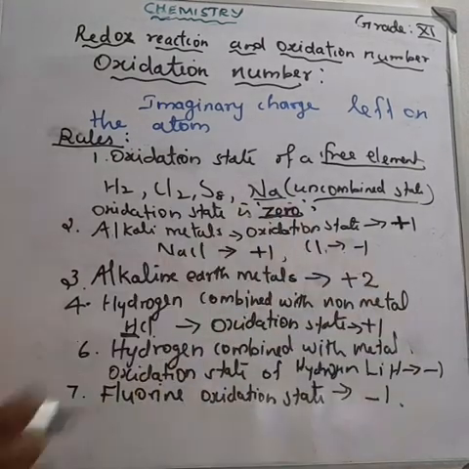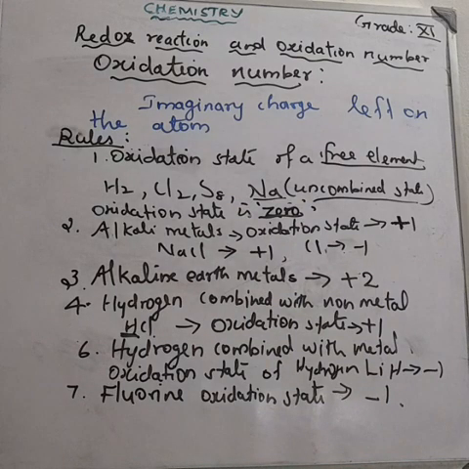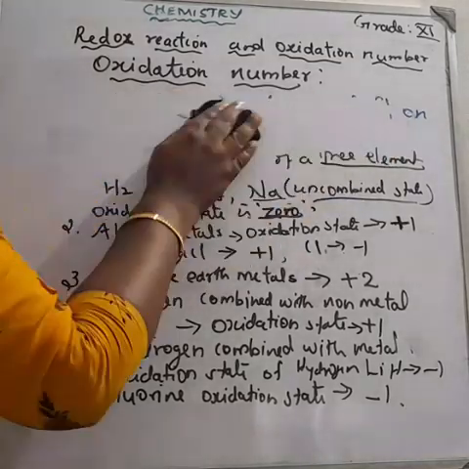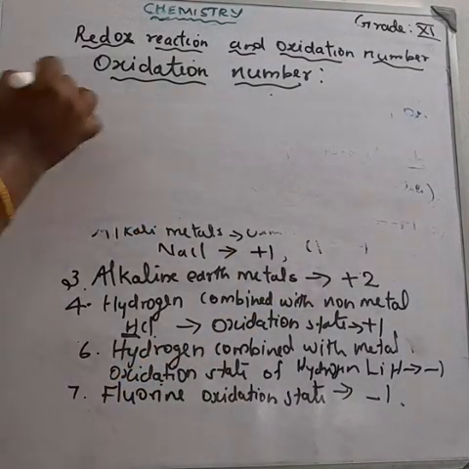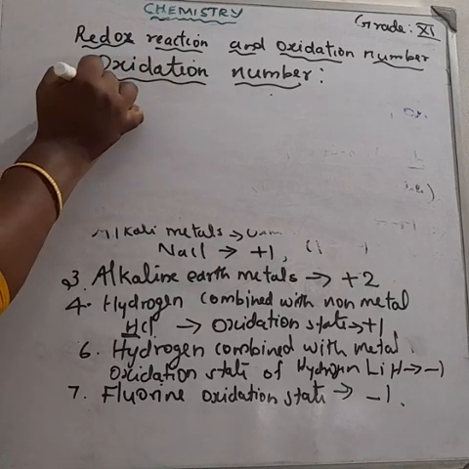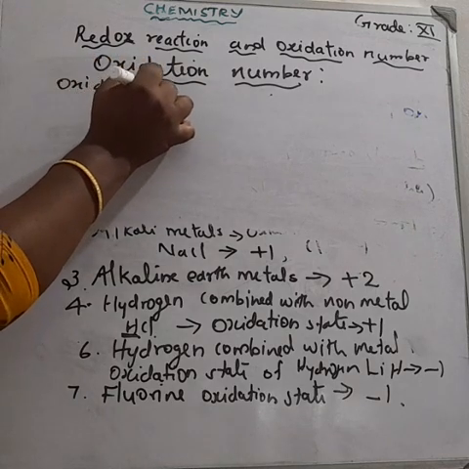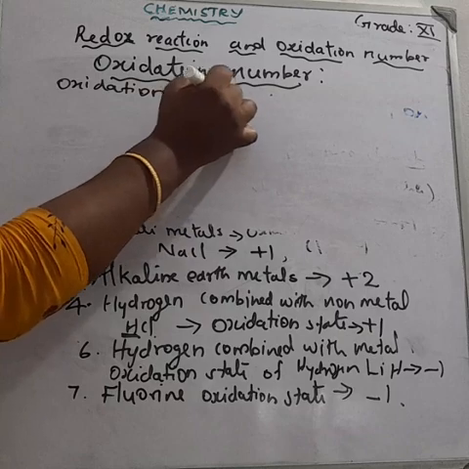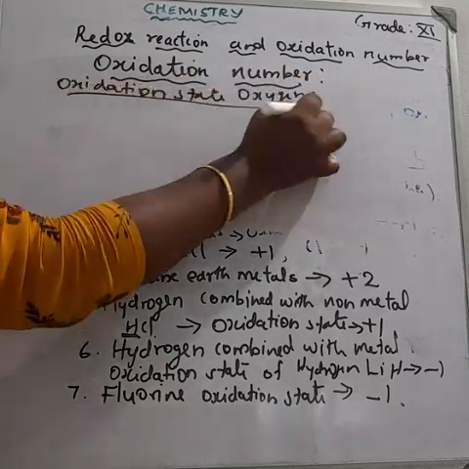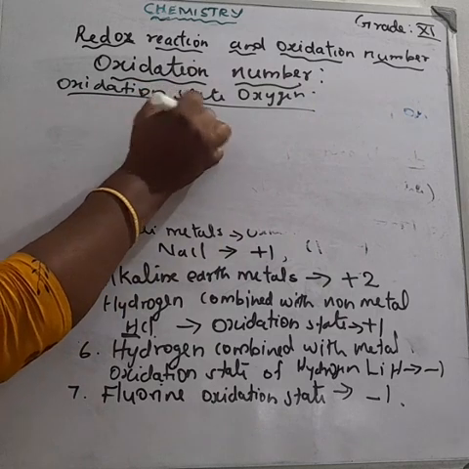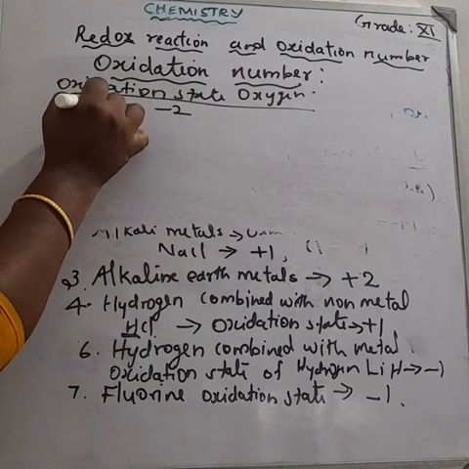Okay, and next point, the oxidation state of oxygen is in most compounds -2. Exceptions are peroxides, superoxides, and the compounds with fluorine. Then we are going to study about oxygen. What is the oxidation state of oxygen? Always -2. Remember, always the oxidation state of oxygen is -2.